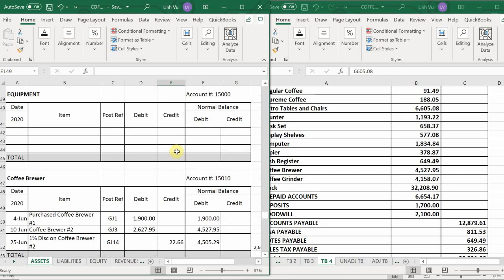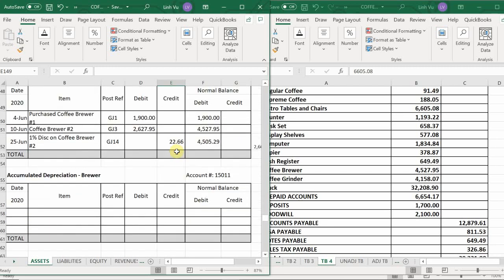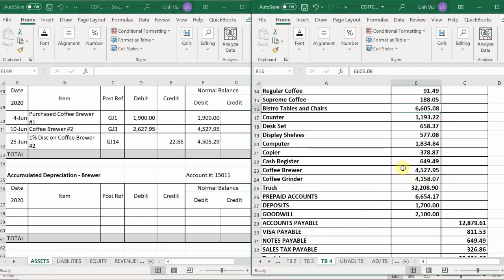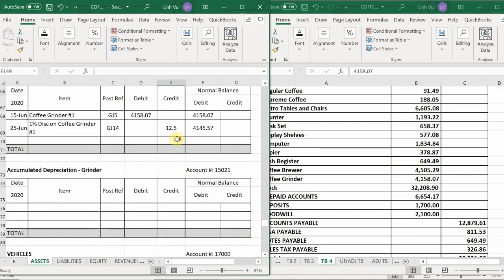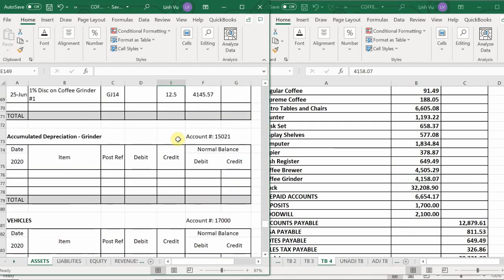Now we're going to be moving on to actual equipment. So first one we have is a coffee brewer. Yes, we made a change to this one because we received a discount. So for the coffee brewer, what is now my adjusted amount here? 4505.29. Okay. And then my coffee grinder has also changed as well because we got a discount on that as well.